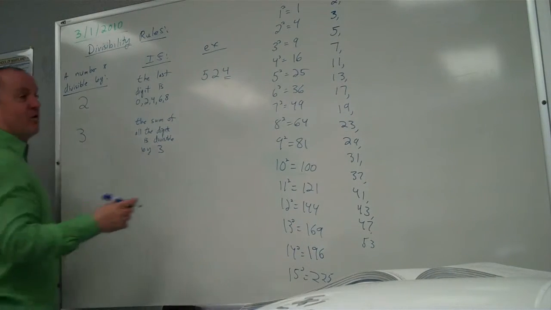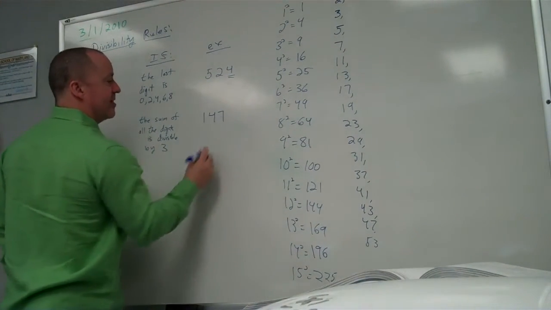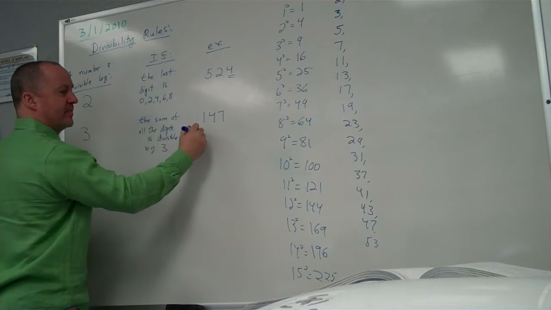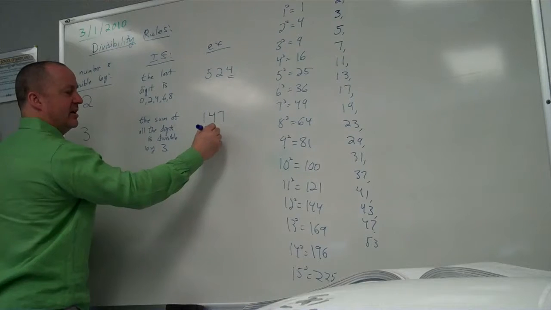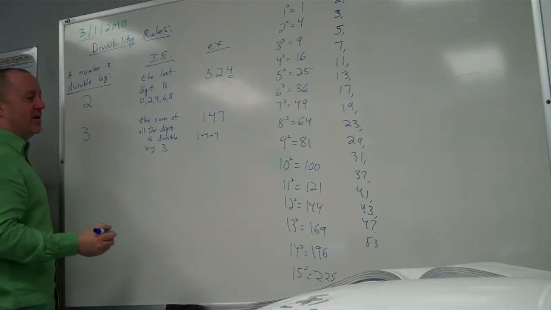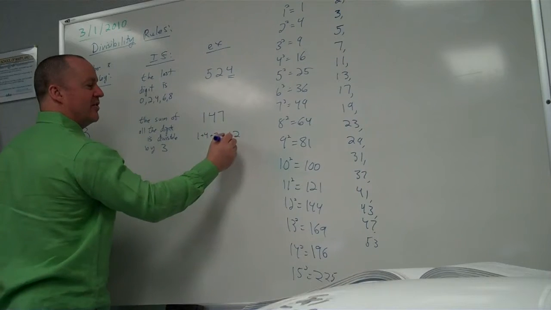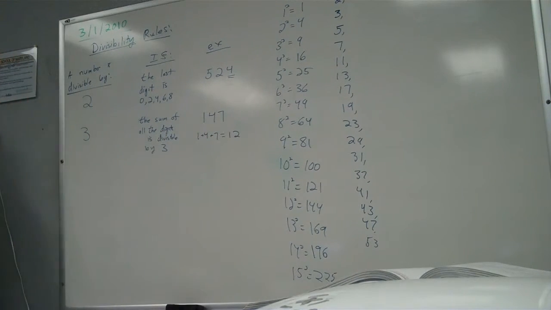Yes, we just did that. Adina's first guess was it was prime, but then she said, what's 1 plus 4? We learned these rules last year. Great, why didn't you remember them? Never mind. Okay, we're going over them again. 1 plus 4 is 5, plus 7 is 12. 12 is divisible by 3, so 147 is divisible by 3.